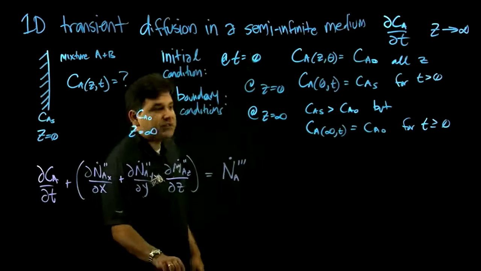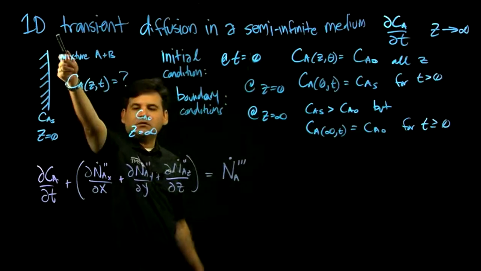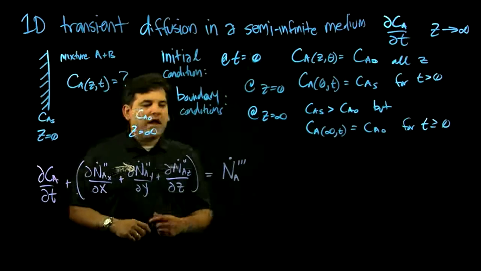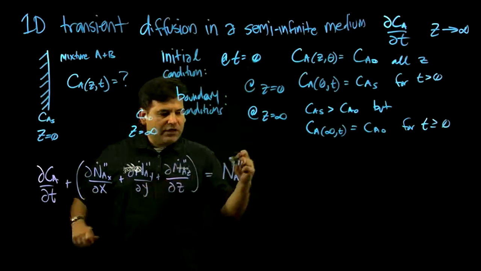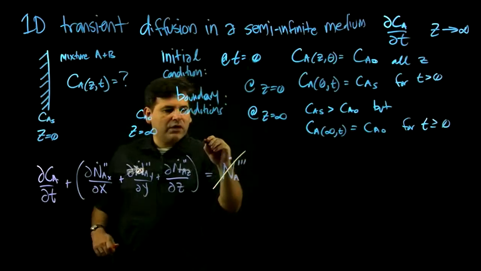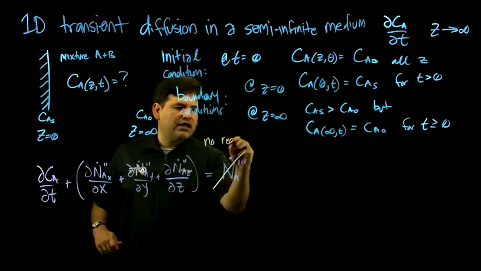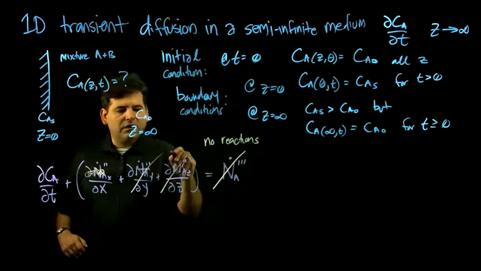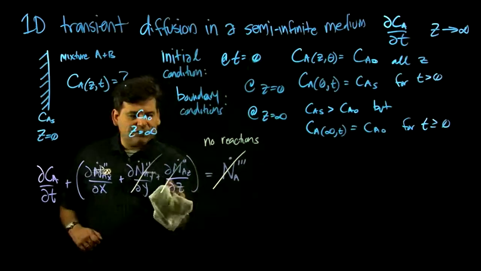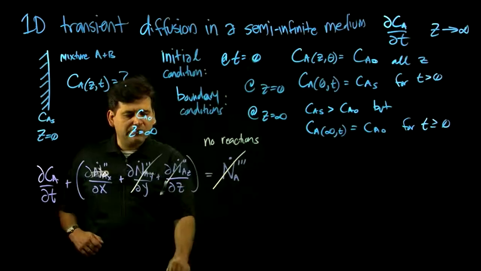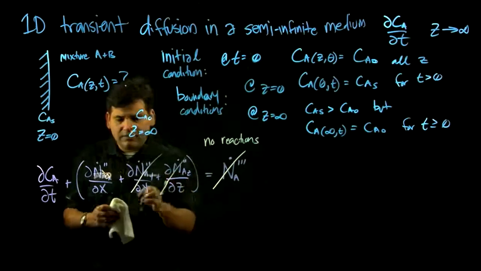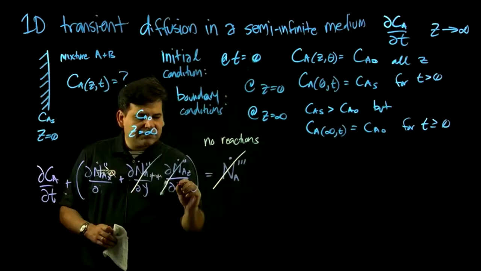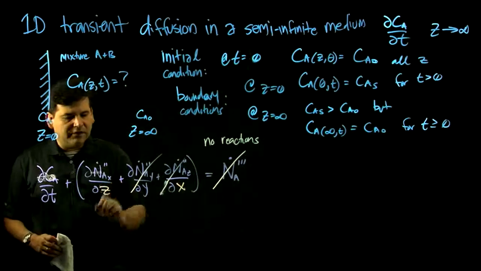So in this particular problem, we're saying it's one-dimensional. It does depend on time, and we're not considering reactions. So no reactions in this particular analysis, and it's only 1D here. Let's keep the z direction. Let's pretend I crossed out the x, and let's focus on z here.